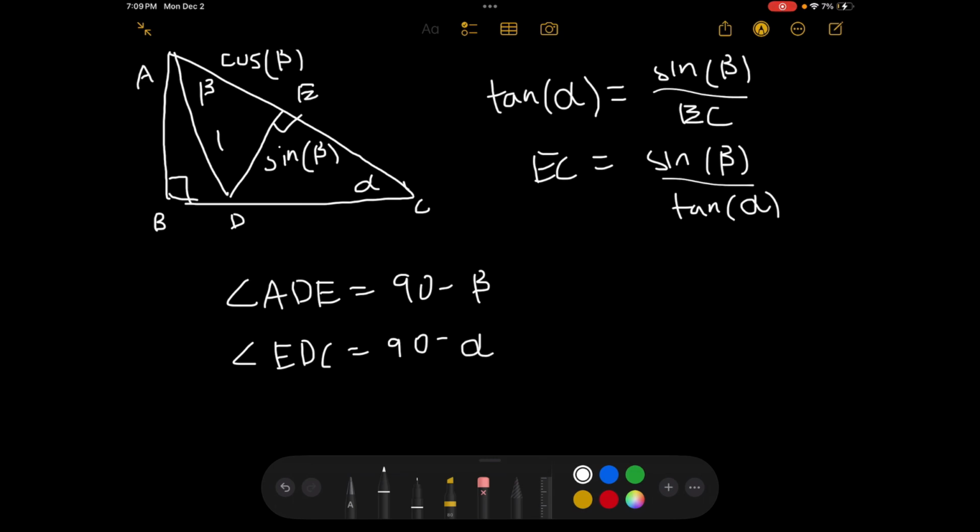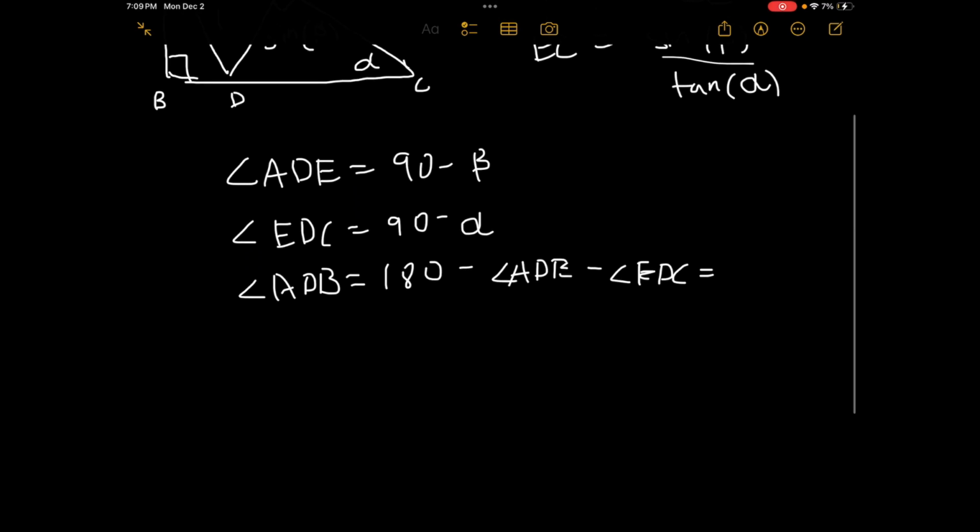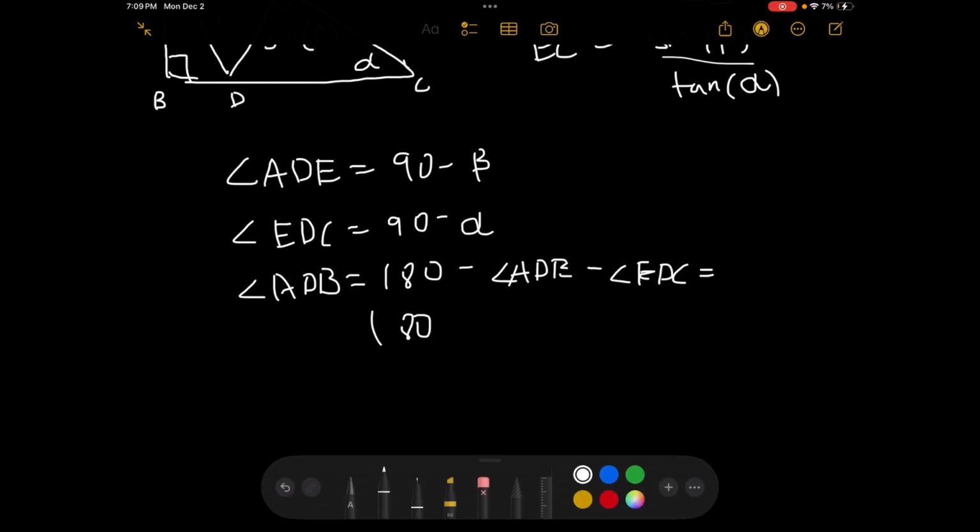So we can use this to get angle ADB. Angle ADB is equal to 180 minus angle ADE minus angle EDC, which is just 180 minus 90 minus beta minus 90 minus alpha, which is beta plus alpha.